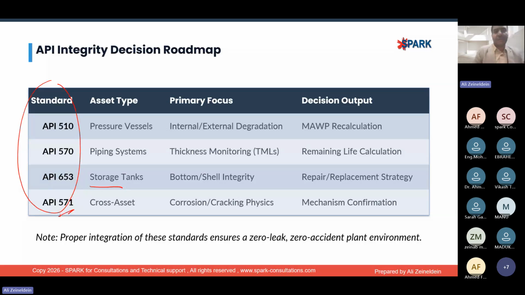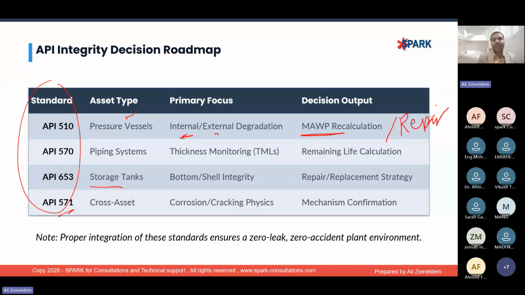Each standard focuses on different points of view. For example, here for the pressure vessel, API 510 focuses on internal and external degradation, and the decision may be recalculation or re-rating, or sometimes repair. Okay, this is for example.